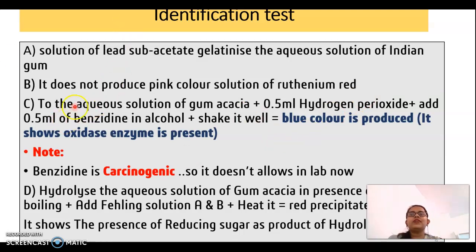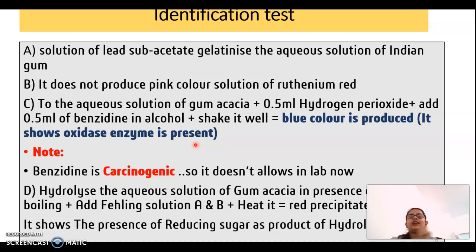Then the third, which is very important: you have to take the aqueous solution of Indian gum acacia, then add hydrogen peroxide, then add 0.5 ml of benzidine in alcohol into that. Then you have to shake that conical flask properly. It will give you a blue color, and this blue color indicates that the oxidase enzyme is present in your Indian gum or acacia.